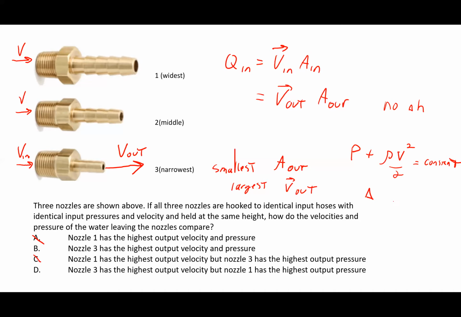So I could represent the change in pressure as the change in rho v squared over 2. In other words, if I'm going to speed up the fluid by a lot, then the pressure has to decrease by a lot. So I have a big pressure coming in and a small pressure coming out.